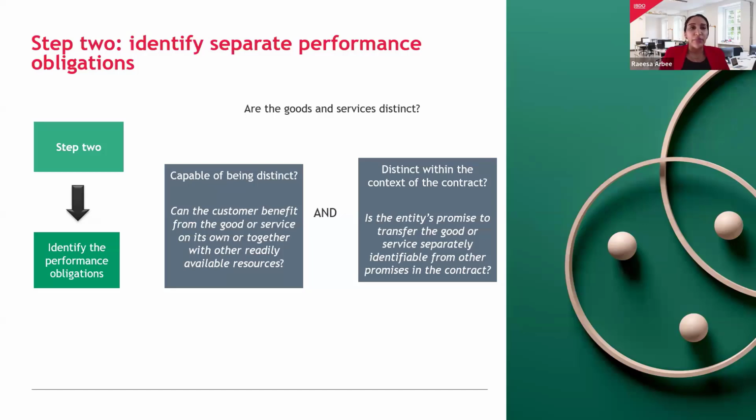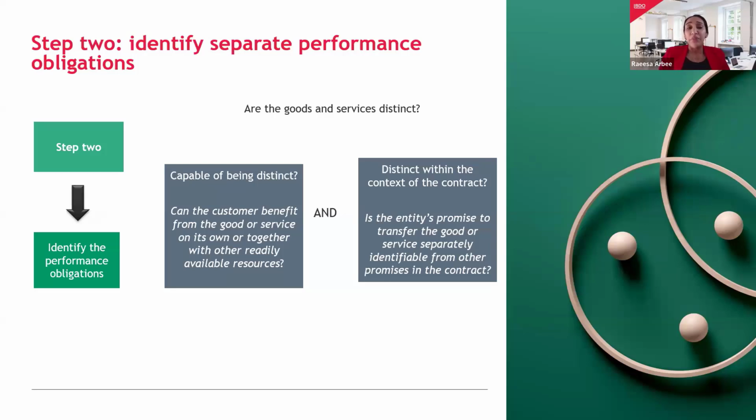We have that very simple example of a house. Yes, you may be able to see you're going to do the floors and the doors and the windows, but of course they all significantly modify and are dependent on each other. So in effect, you have one promise rather than several different promises. But significant judgment may be required to apply these criteria.